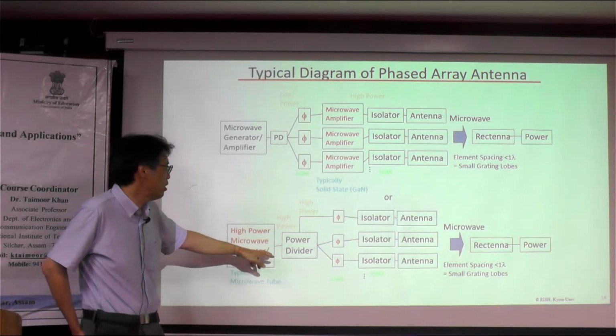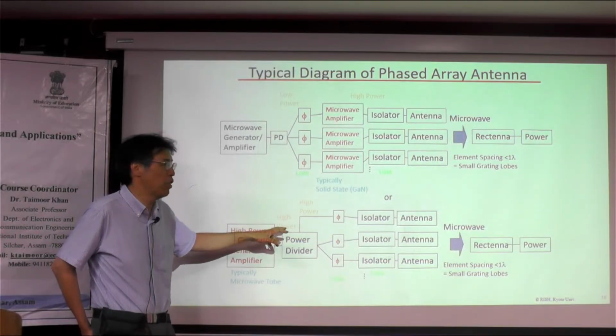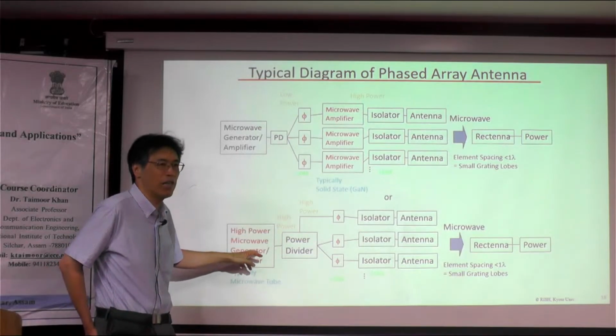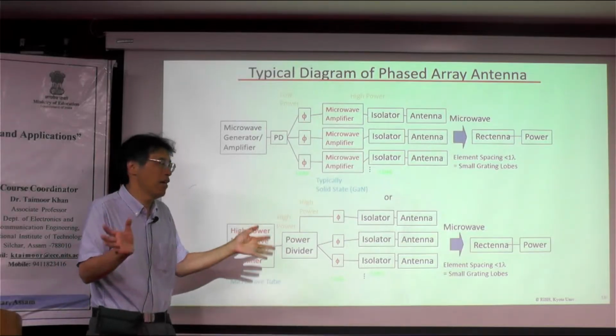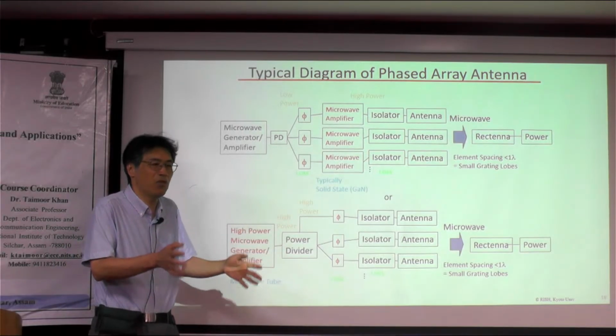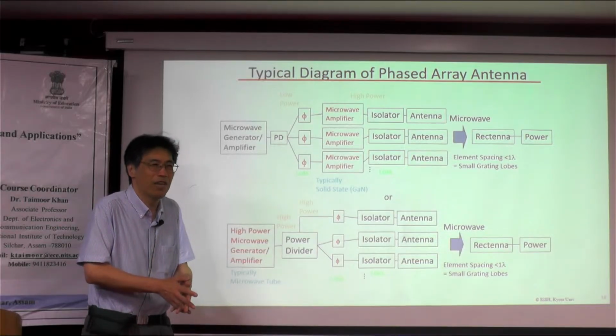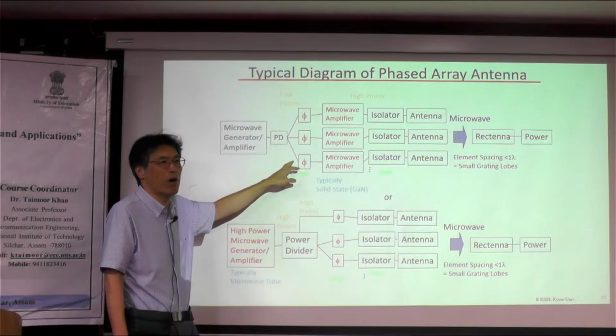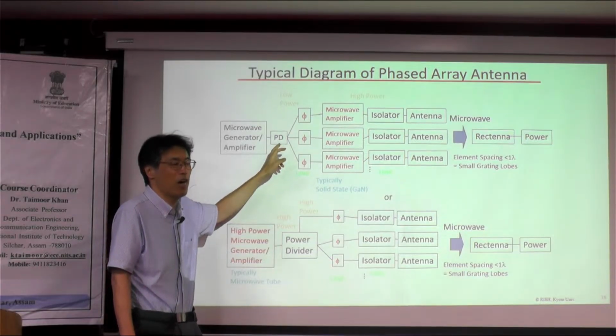Because even if we divide the generated power from, for example, 1 kilowatt to 1,000 antenna elements, each power is still 1 watt in this case. So in the previous case, the phase shifter controls only 1 milliwatt in this example.